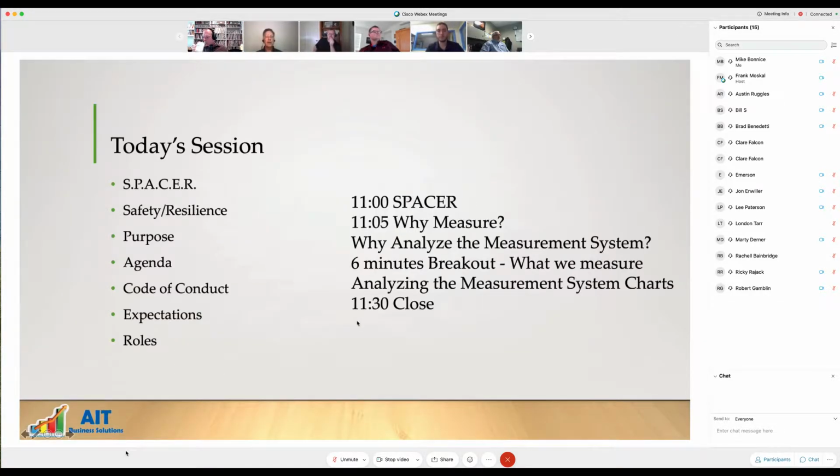All right, so I usually like to kick things off with spacer, safety and resilience. Yesterday we talked a bit about how Claire gave us some great ideas about how to just kind of relax in a stressful environment like working from home, when things get kind of out of hand. You find yourself going meeting to meeting and getting stressed out.